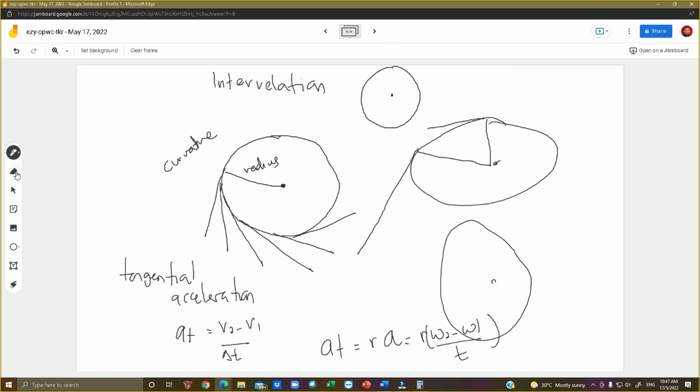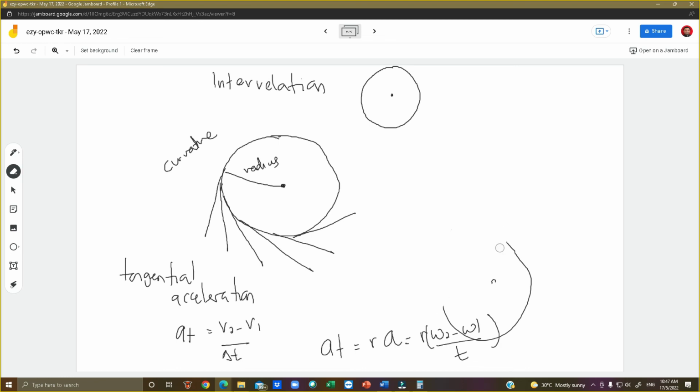Second type of acceleration occurs at any angular motion is known as radial acceleration. Okay, ni adalah acceleration type yang pertama. Second type of acceleration, kalau kita ada satu tangent acceleration at the curvature, we are going to have another acceleration from the starting point of the tangent to the axis.